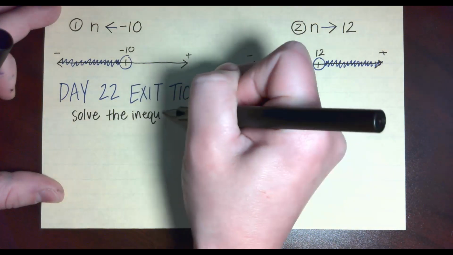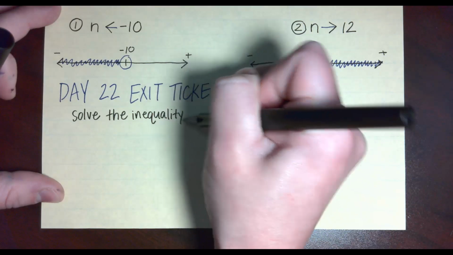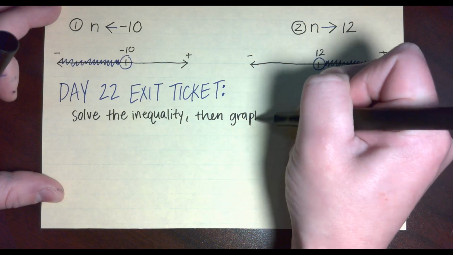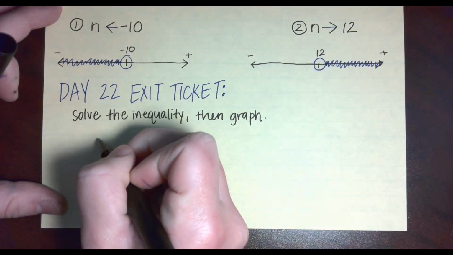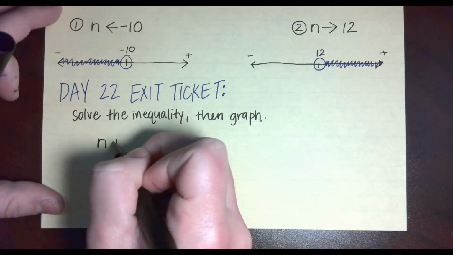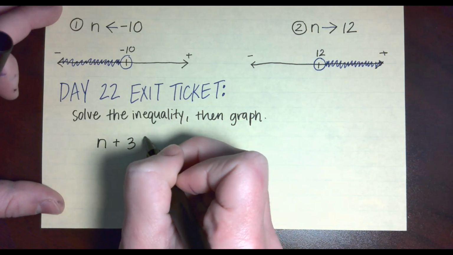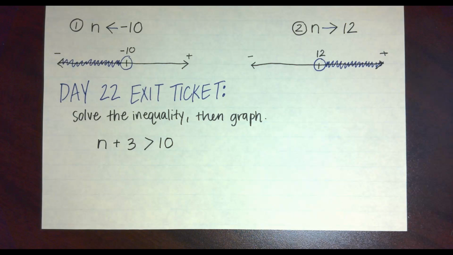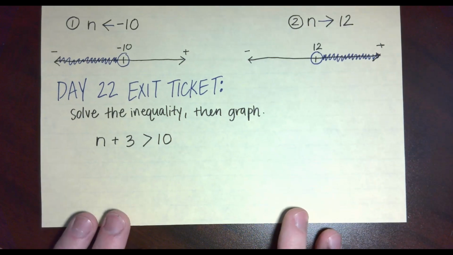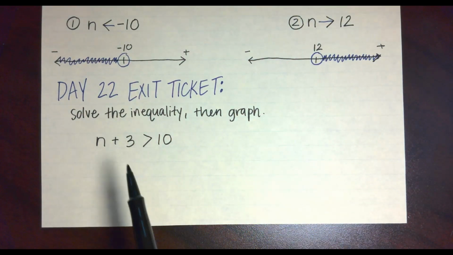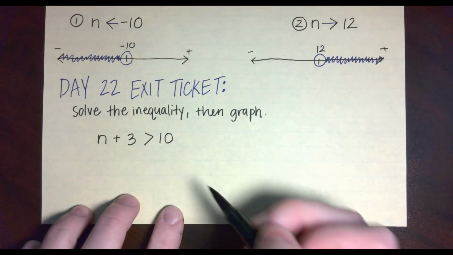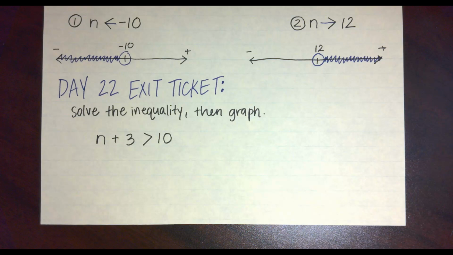And I'm going to give you a real simple one. So I want you to solve n plus 3 is greater than 10. And then I want you to graph your answer. So first you're going to solve it and figure out what n is bigger than. Then you're going to graph it. And that's all, guys. That's it. Once you're done, you are free to go. I'm going to end the recording there.